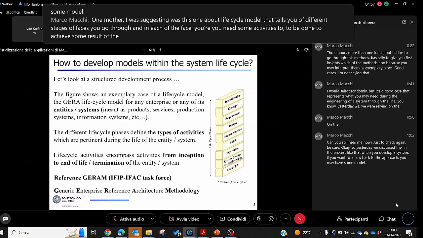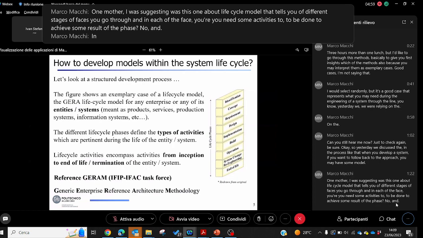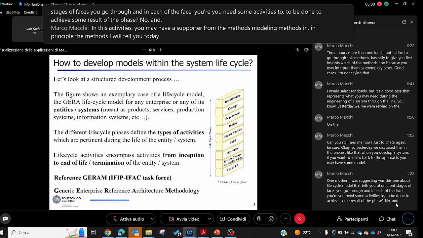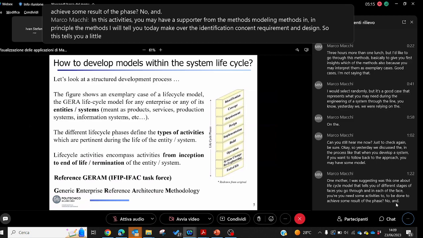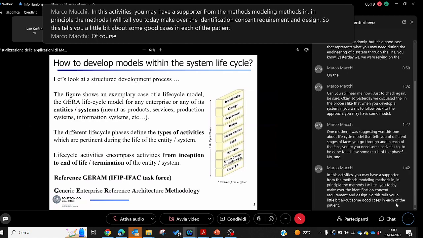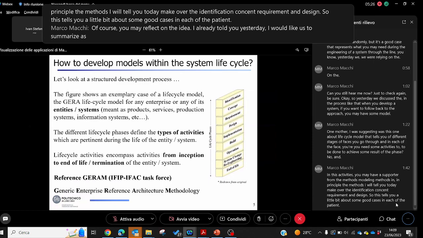And in these activities, you may have support from the methods, modeling methods. In principle, the methods I will tell you today may cover the identification, concept, requirement, and design. So this tells you a little bit about some good cases in each of the phases. Of course, you may reflect on the idea I already told you yesterday. I would like just to summarize the main concept that we discussed yesterday.